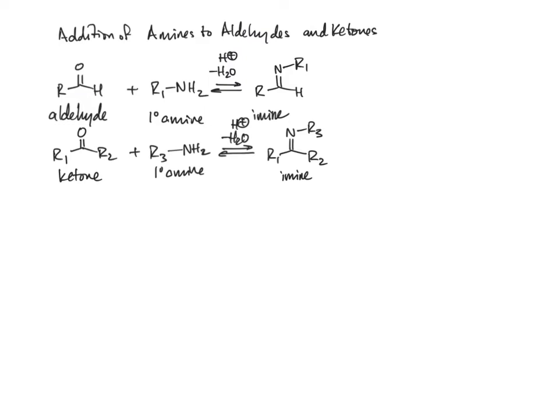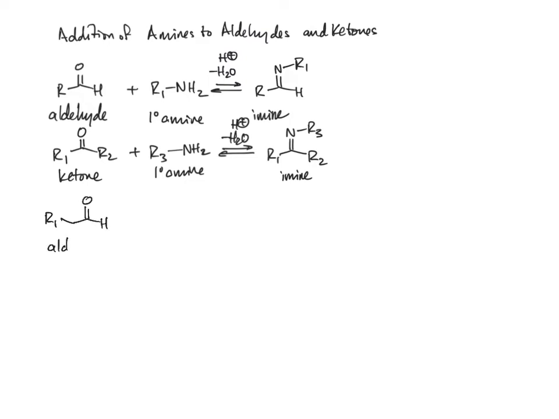So now we're going to look at the condensation of these carbonyl containing compounds, either aldehyde or ketone, with a secondary amine. And I'm going to draw the carbonyl containing components slightly different in this case. I'll say R1. Now I actually want to show a CH2 group next to the carbonyl.